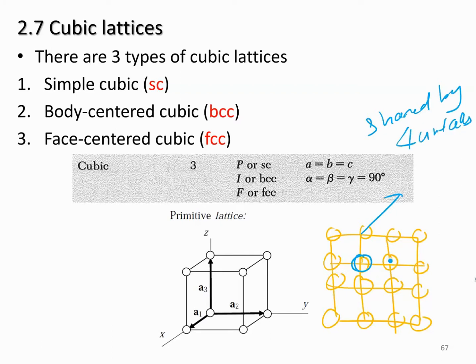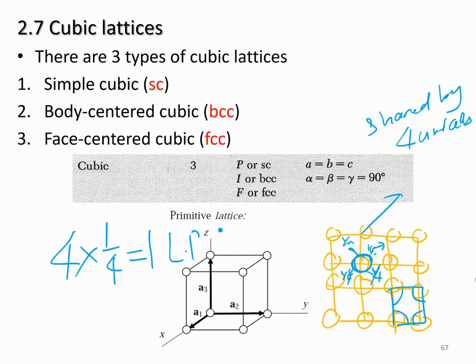So this atom contributes 1/4 to this unit cell, 1/4 to this unit cell, 1/4 to this unit cell, and 1/4 to this unit cell. So for 1 unit cell, we have 1/4 plus 1/4 plus 1/4 plus 1/4, so 4 times 1/4 equals 1 lattice point in 2D.